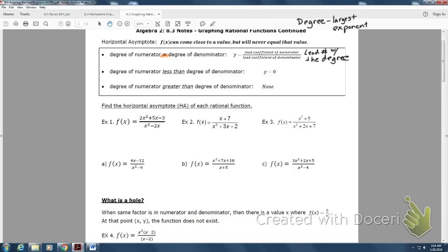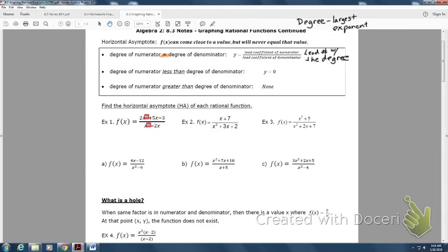So on example 1, Case, what is the degree of the numerator? 2. Yep, that x squared. Tanner, the degree of the denominator? 2. Okay, so those are the same. So we do this first rule right here.